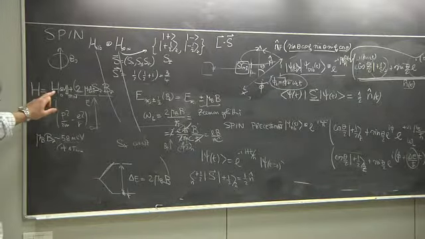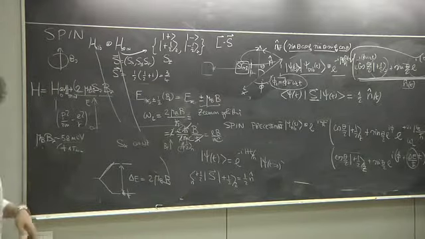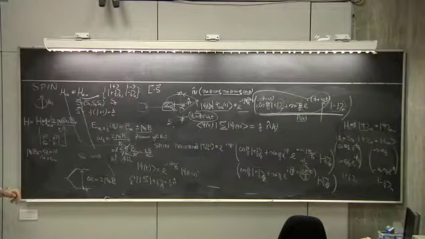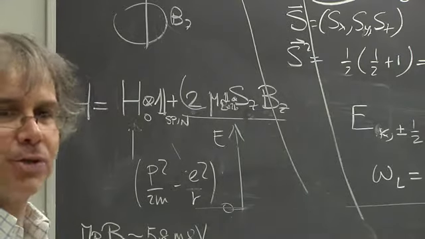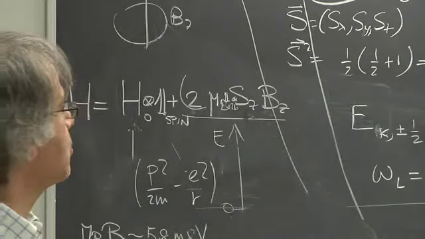The analog for L would have just plus L times mu b. Unfortunately, it's hard to really justify this factor 2 in any reasonable way that is not just doing the derivation.